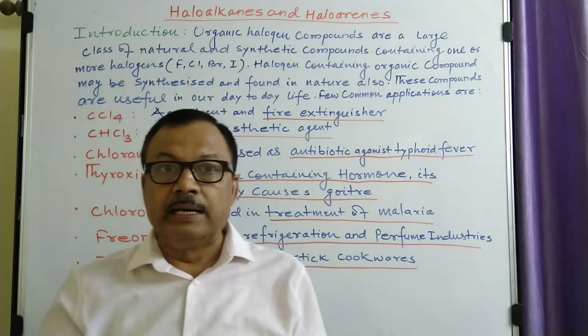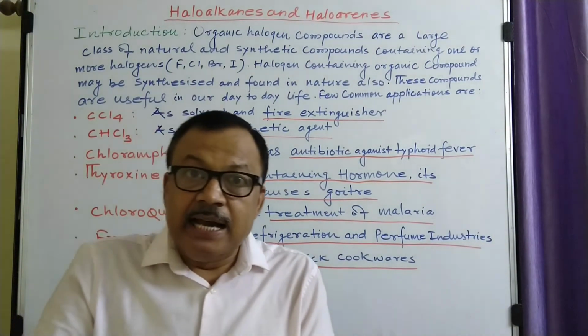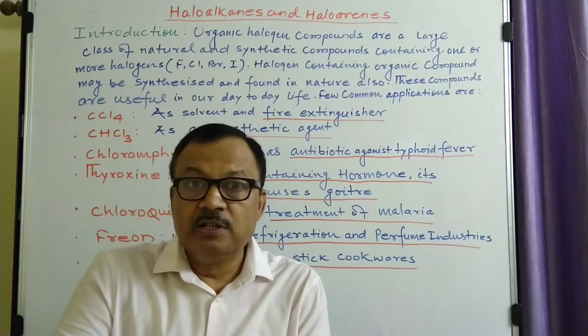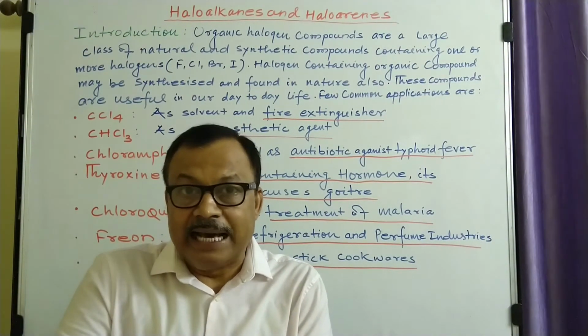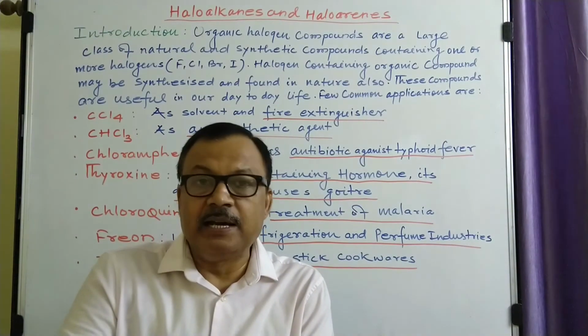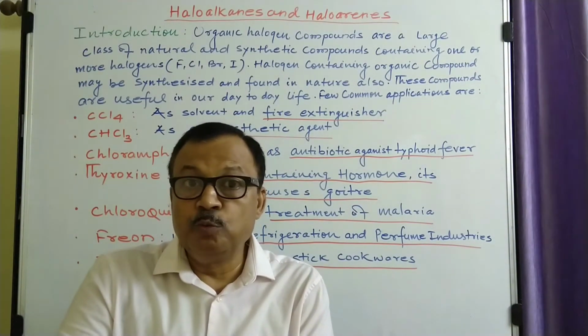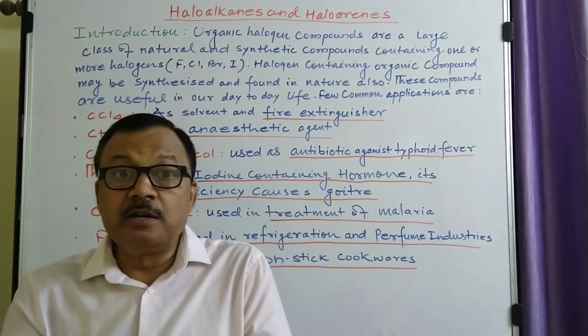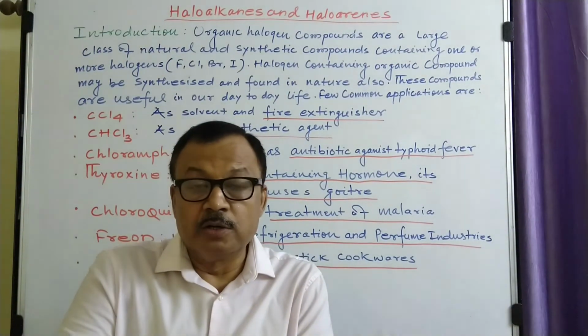The third part is benzylic halide. Benzylic halides are those in which the halogen atom is attached to an sp3 hybridized carbon atom next to a benzene ring. The benzene ring contains alternate single and double bonds.